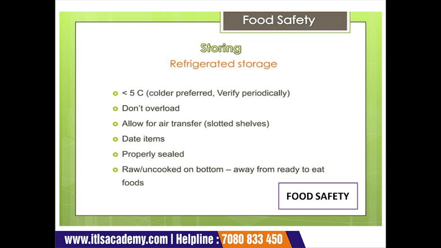This is for cold food. Overloading is not allowed. Allow for air circulation. Date should be mentioned on the item. Properly sealed. Raw, uncooked on the bottom, away from ready-to-eat food. See, the ready-to-eat in a refrigerated condition.